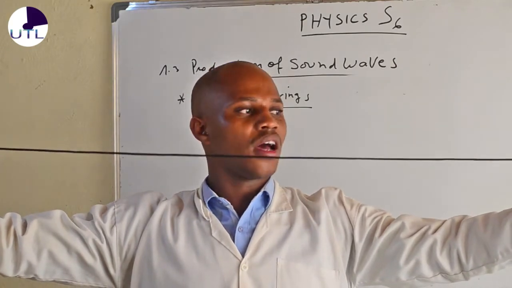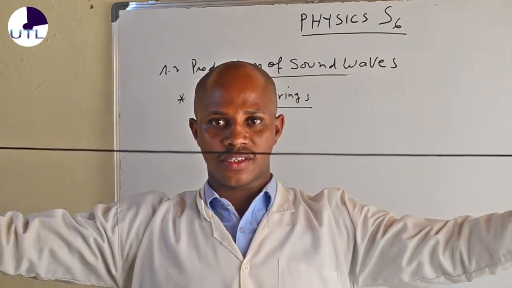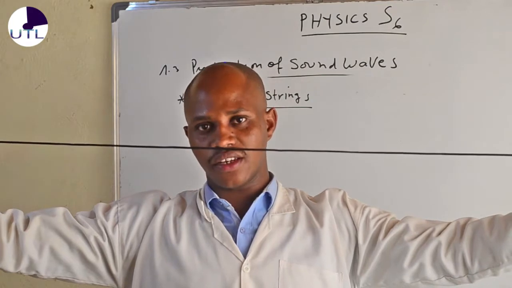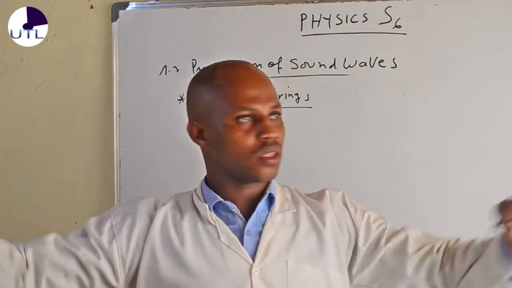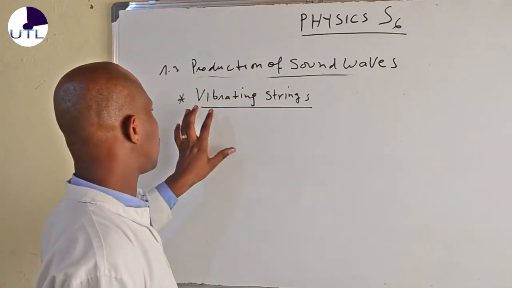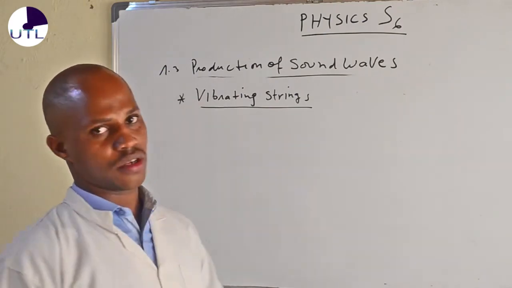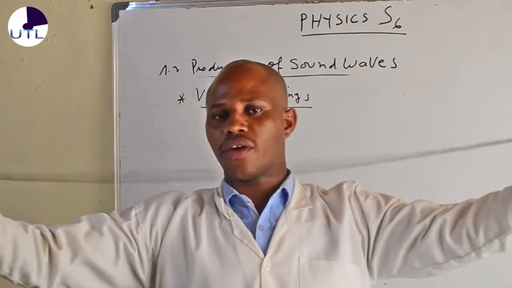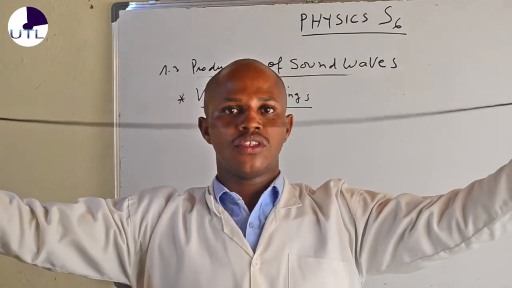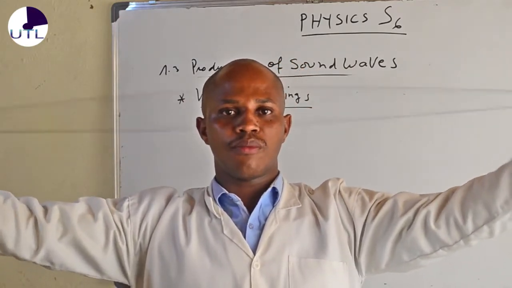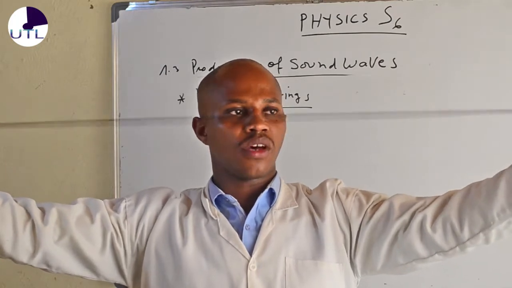And those strings are attached at both ends, at this end and this end. So now we are going to deal with how we can produce a sound wave by using a vibrating string. If this string is vibrating, it can produce sound waves.